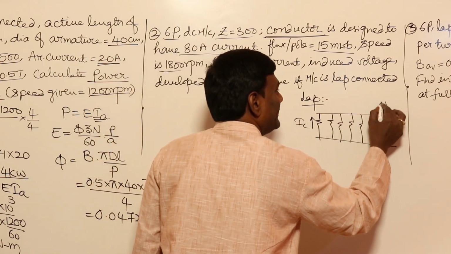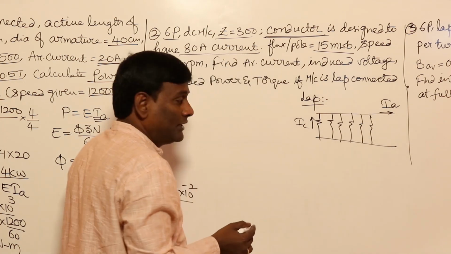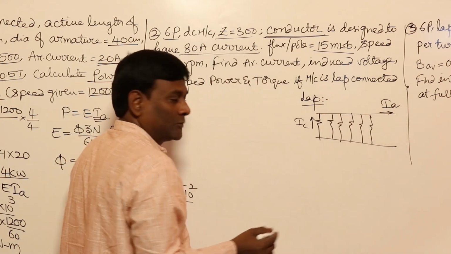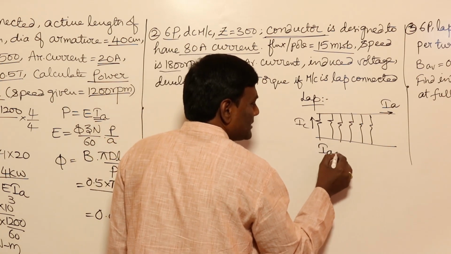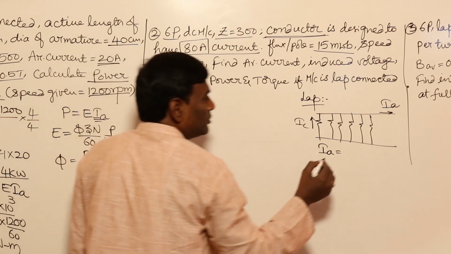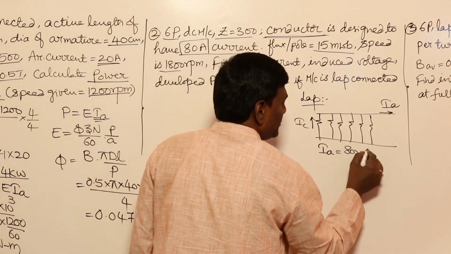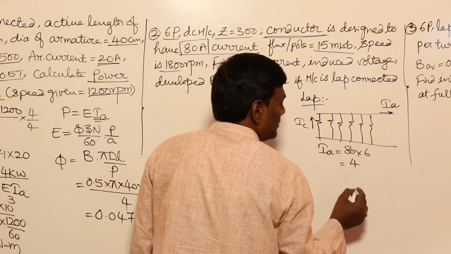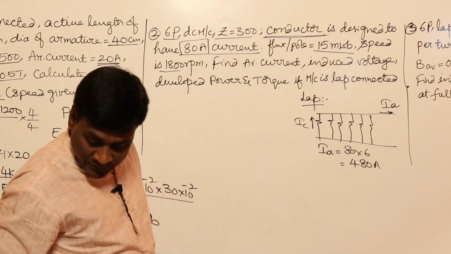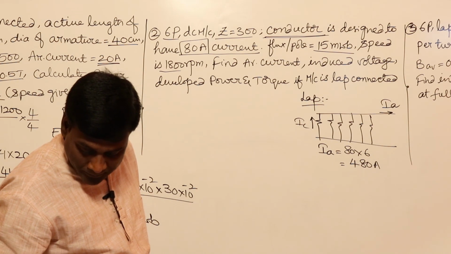This is going to be IA, armature current. So IC into 6 is going to be IA. How much is armature current going to be? Conductor is designed to have 80 amperes, so 80 into 6, 480 amperes. I think so. Actually, I'm very weak in calculations, I feel.